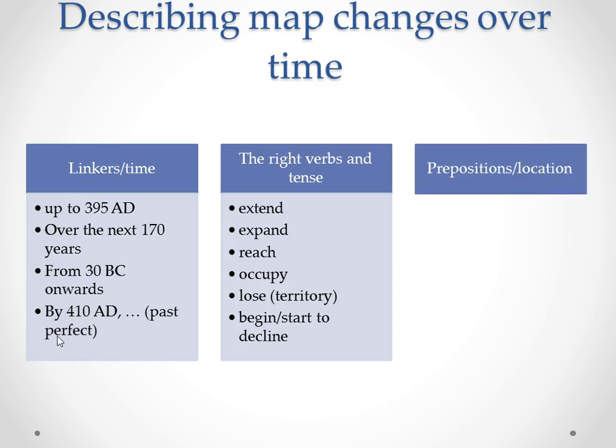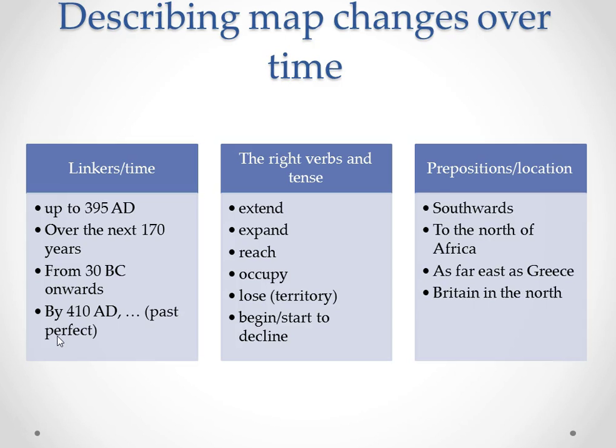You also need to be very good at using prepositions to describe location and time as well. All of these are for location. So can you do these 3 techniques in your writing?